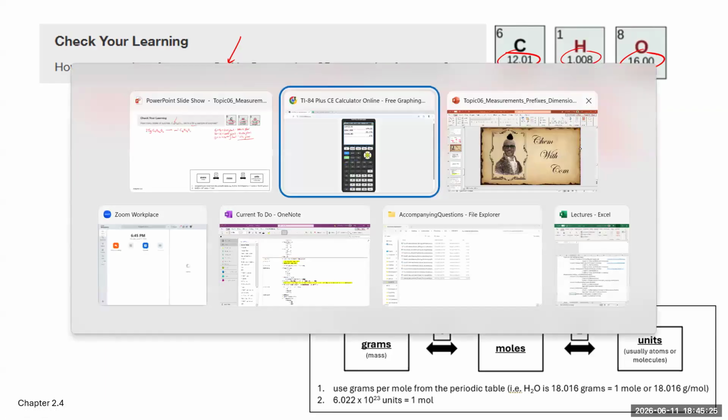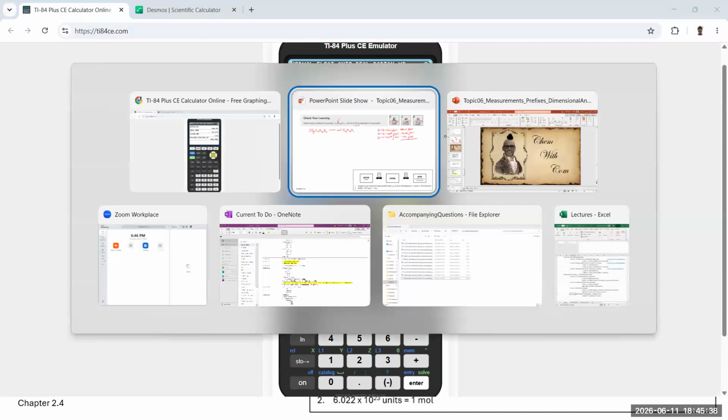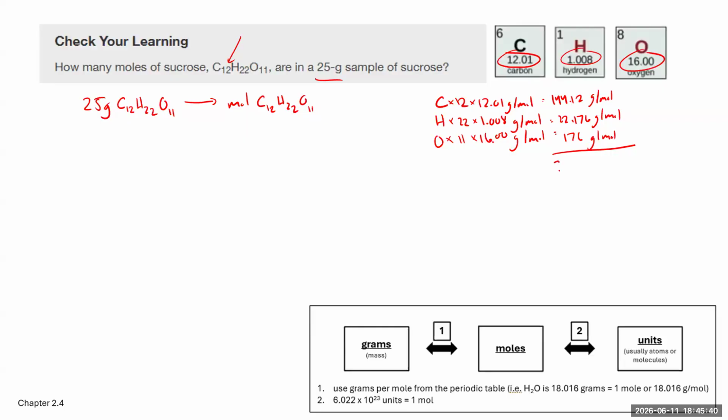We add those together: 22.176 plus 144.12, and I got 342.296. 342.296 grams per mole.